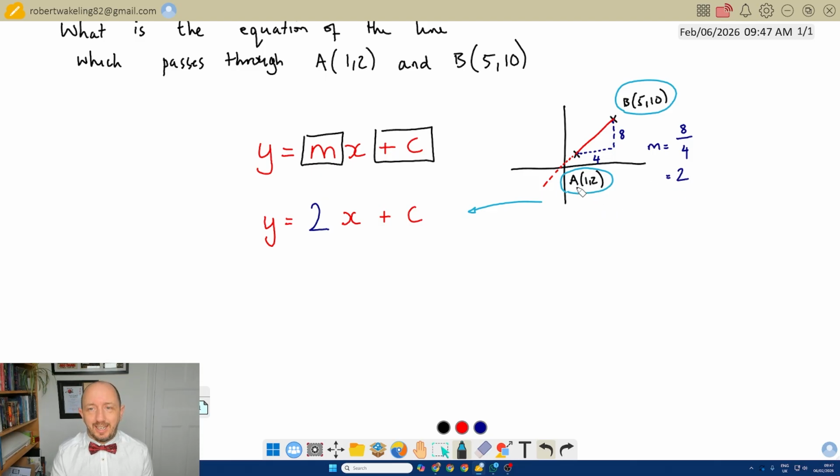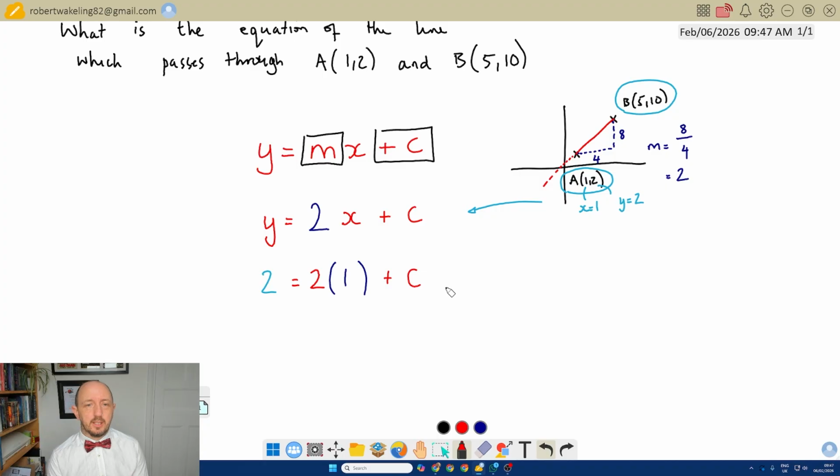I'm going to choose A because the numbers are smaller, so either one will work. x is 1 and y is 2. So I'm going to put a 2 in for y, equals 2 for the gradient, and x was 1, plus c.